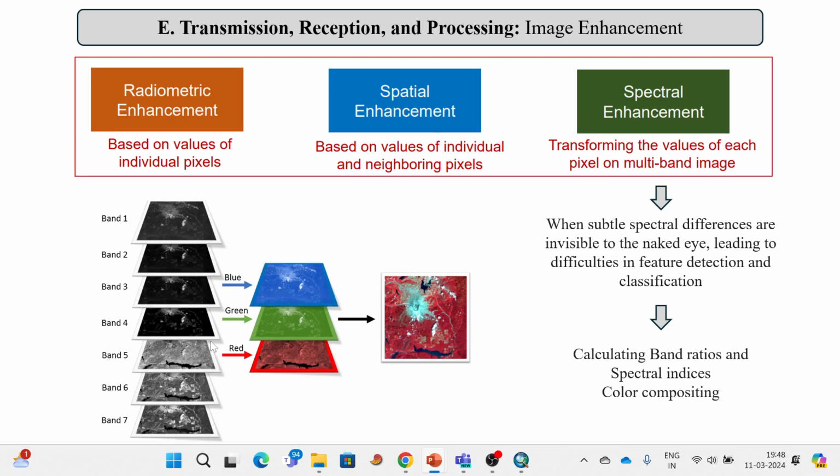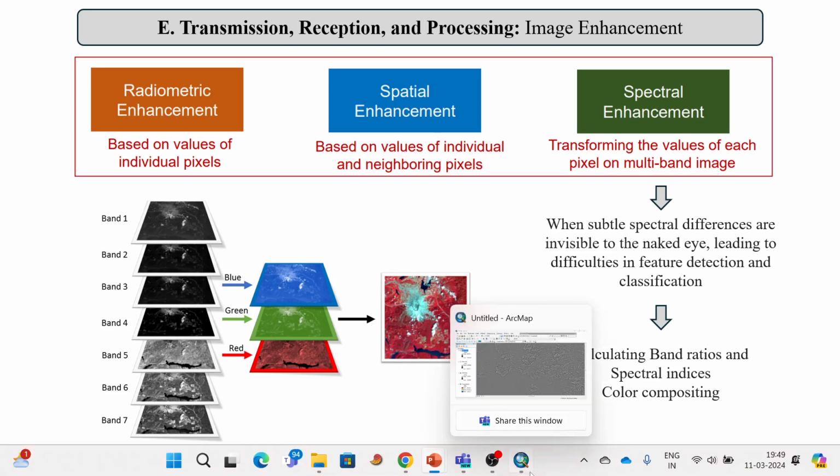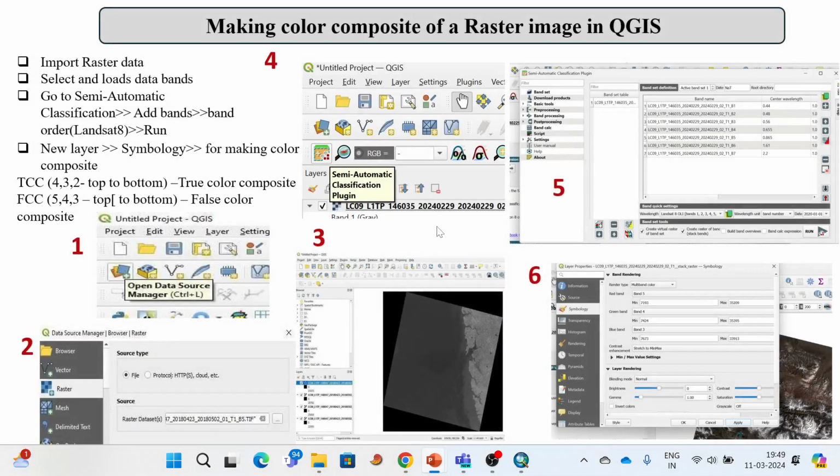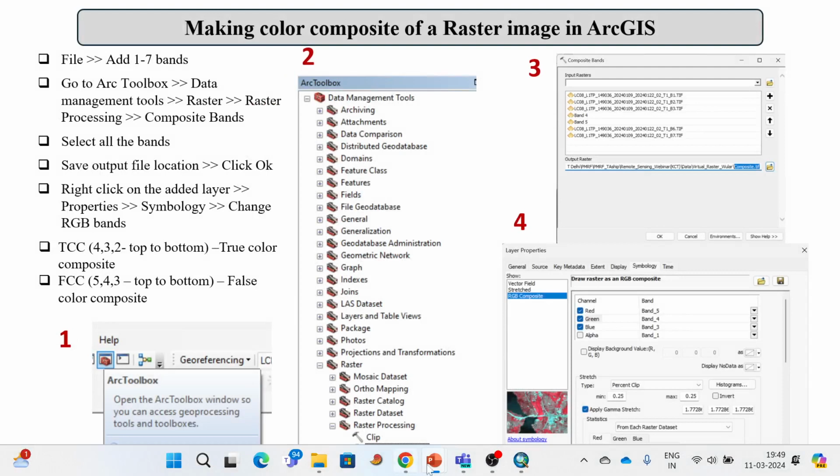Now what we will do for creating a false color composite is assign near IR to the red channel, the red band to the green channel, and the green band to the blue channel, and then make a color composite and see how it is looking. Okay, so first maybe I'll go to ArcGIS because it's open.